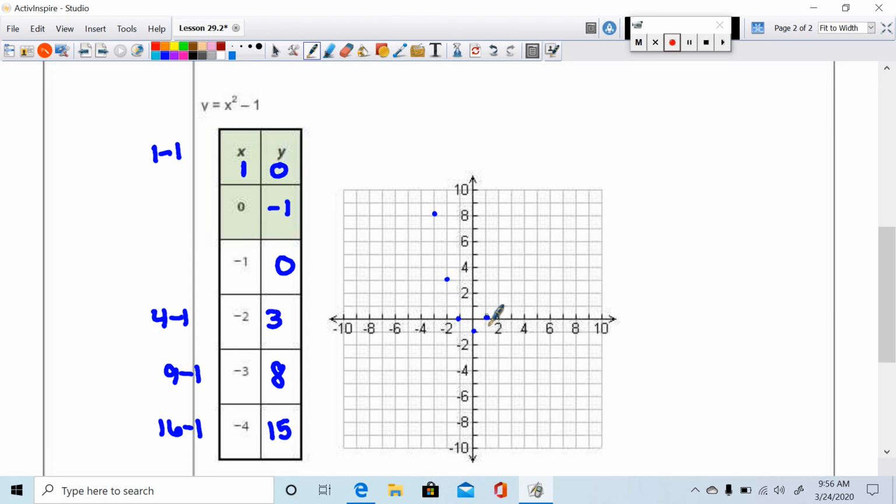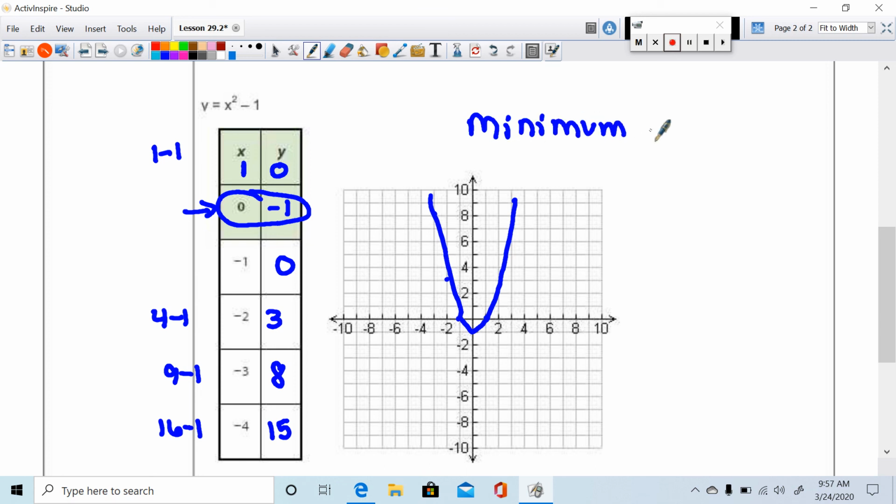So we don't need to sketch the whole thing because we know the turning point right here. The turning point was right here because the numbers above and below are repeating themselves. So that's the vertex. And since this is opening up, it's a minimum at 0, negative 1.